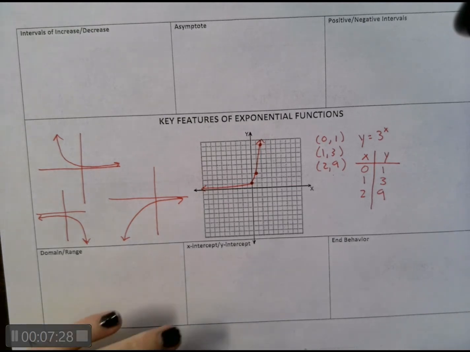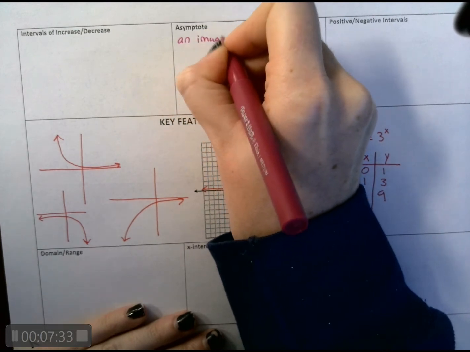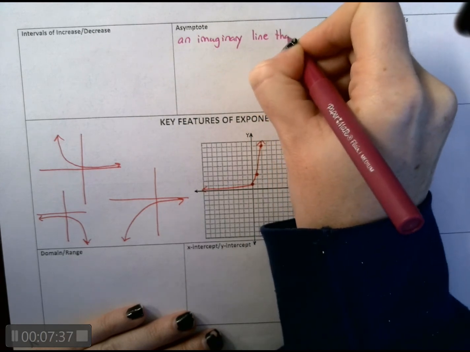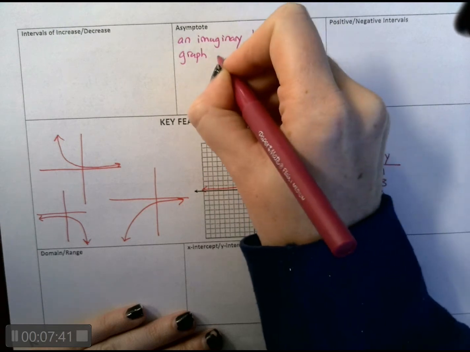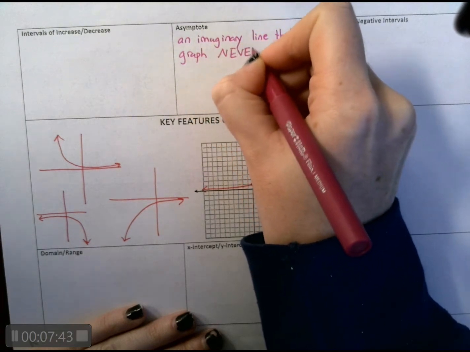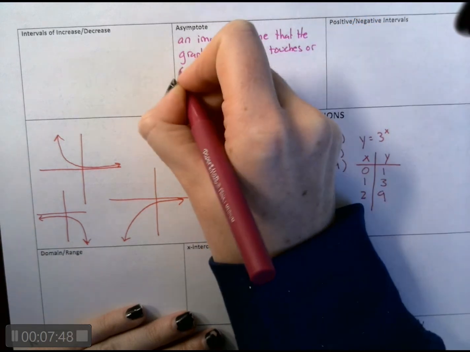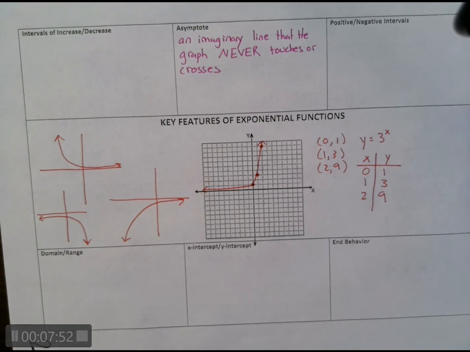Alrighty, so an asymptote is an imaginary line that our graph never touches or crosses. Okay?